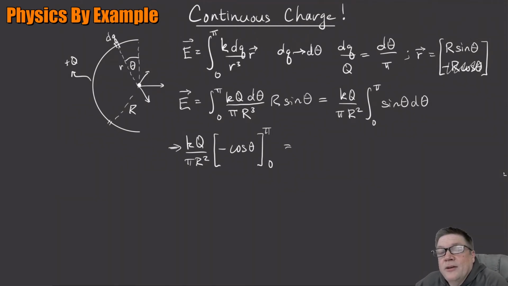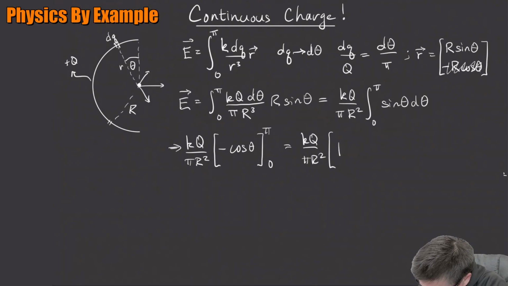We have to be careful with all these signs. Cosine of pi is negative 1, so that's an overall plus 1. Then subtracting minus cosine of 0, which is 1. So I'm going to have kQ over pi R squared times 1 minus 1, like that.